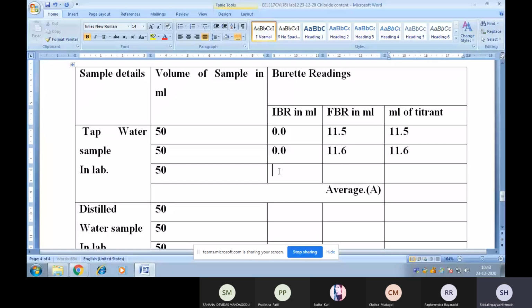And third, again adjust the burette reading to 0 by adding titrant to the burette, and the third reading may be 11.7. Now, if you take the average of 11.5, 11.6, and 11.7, the average will be 11.6.